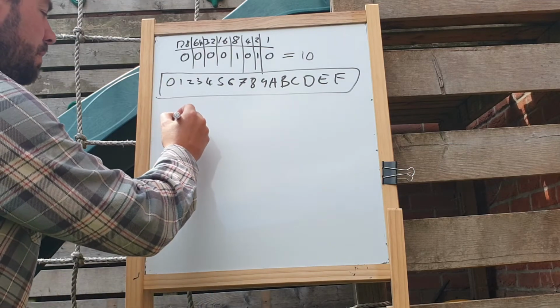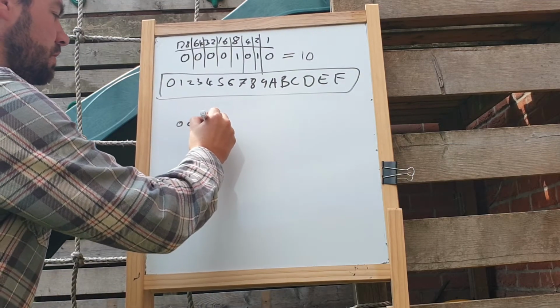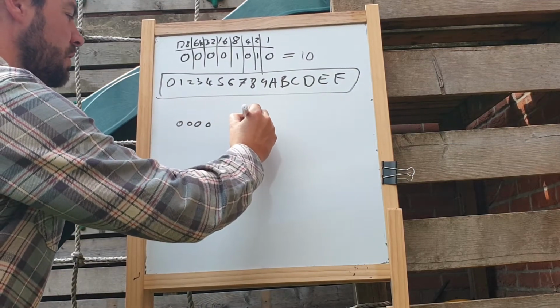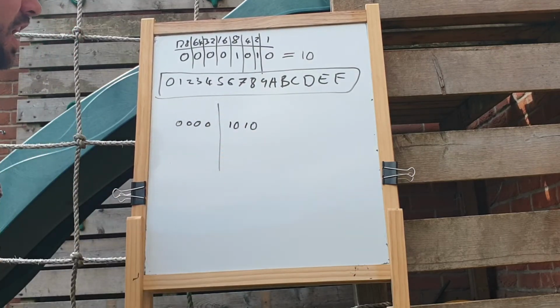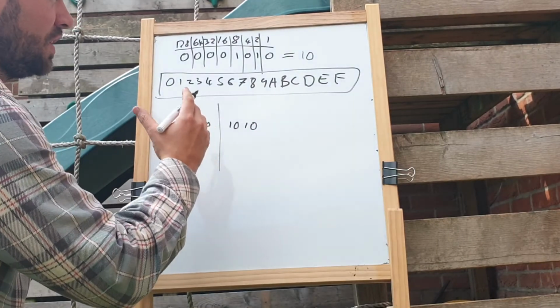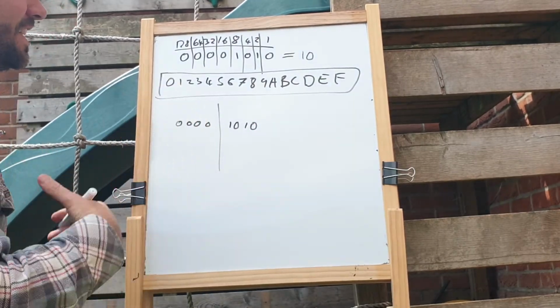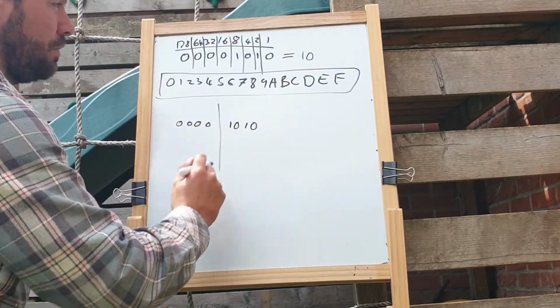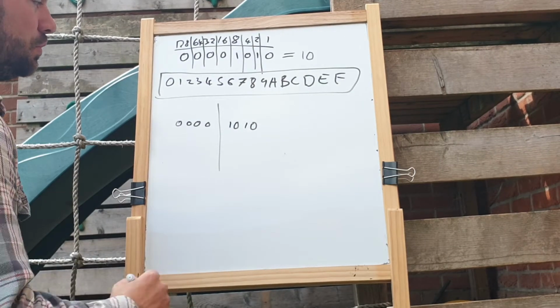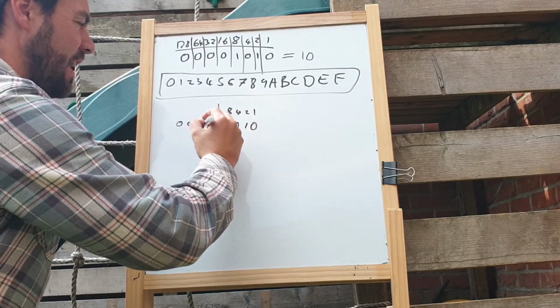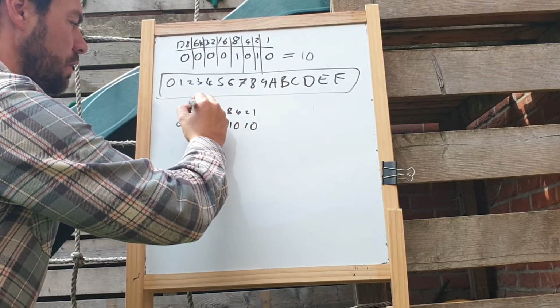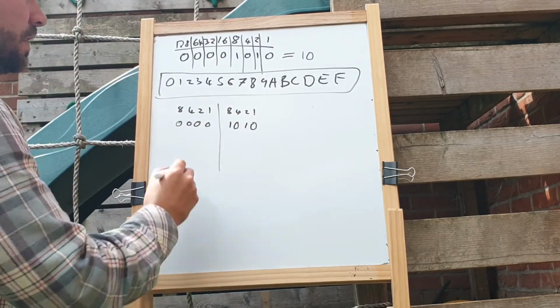Well, we'll take our binary number 00001010. You notice I left a gap in the middle, and that's on purpose because I'm now going to use some very simple ways to convert my binary number into a hexadecimal one. I'm going to put the headings 1, 2, 4, and 8 over the top, 1, 2, 4, and 8.